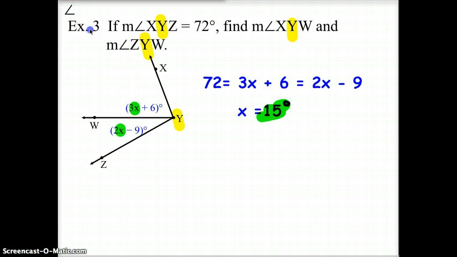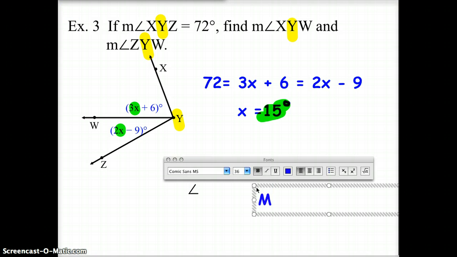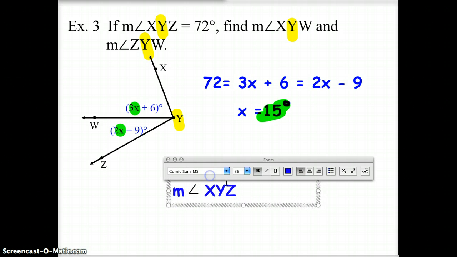So the measure of angle XYZ is going to be, let's see, 15 times 3 is 45. 45 and 6 is 51 degrees.